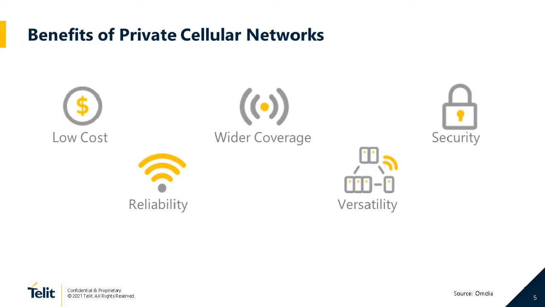And also not to forget the mobility that is completely supported, being based on a cellular system. Versatility, of course, a private cellular network can offer not only data connection but also voice connection in case there is a need, and this allows, of course, to replace legacy systems. Security, this is also an important aspect.